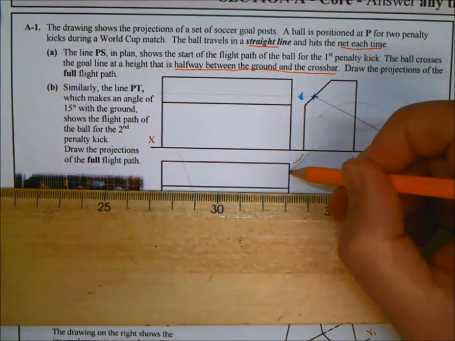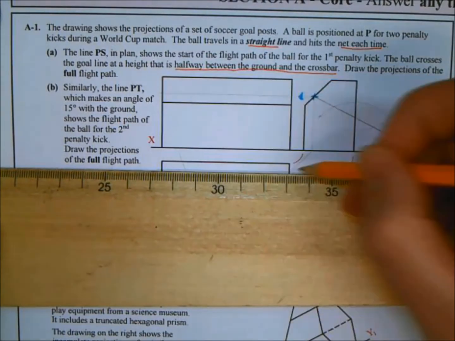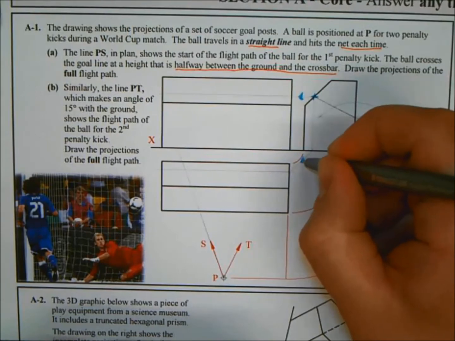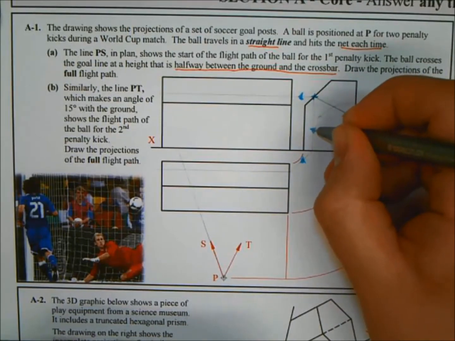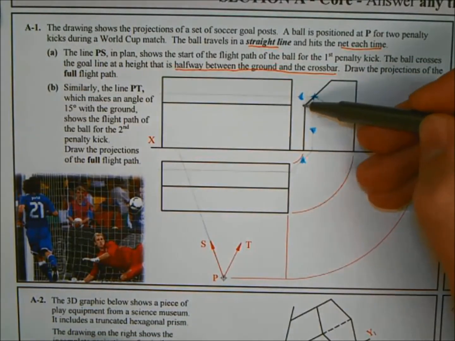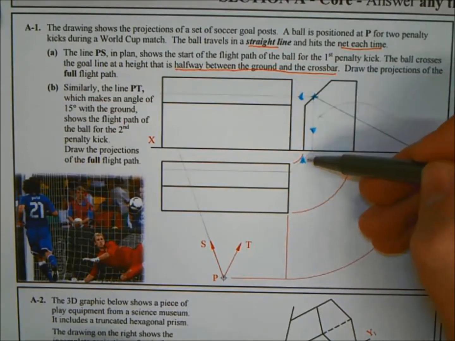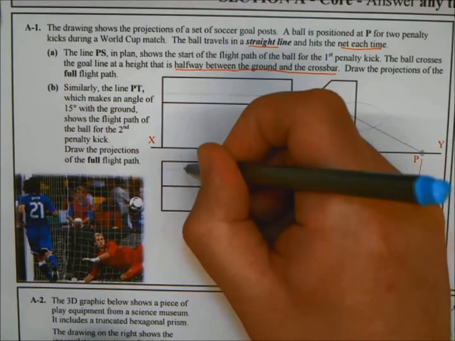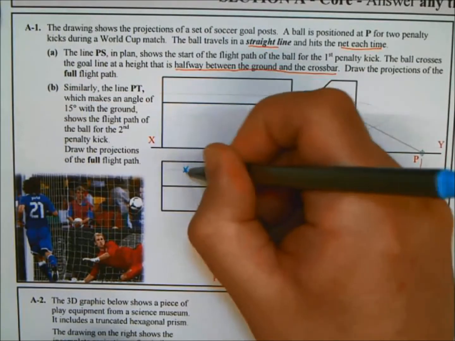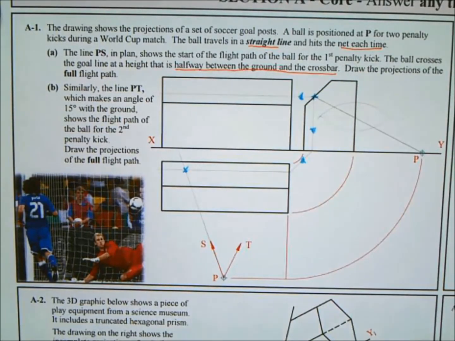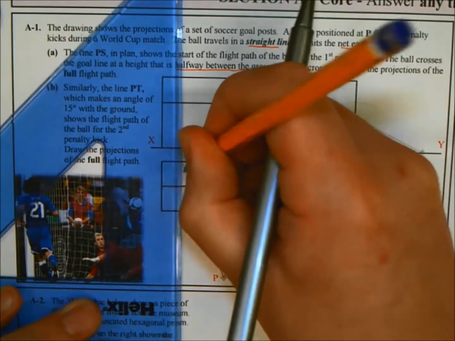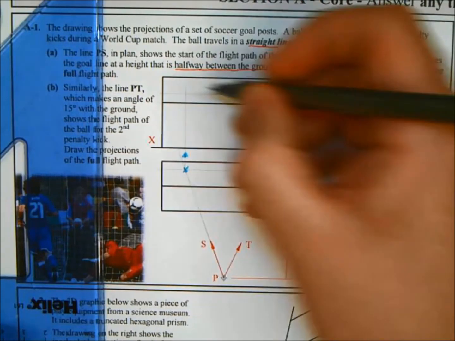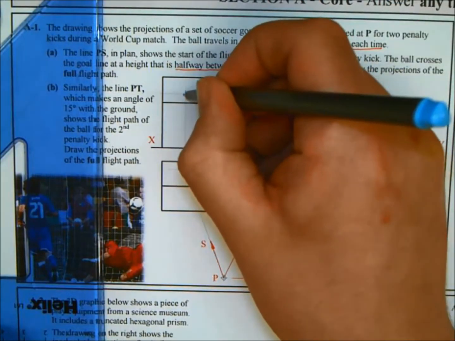And that is showing you where in plan the ball stops. So this is the distance on the back of the net, so that shows the distance there in plan. Therefore the ball will stop at this point here, that's the full path. Bring that point straight back up to your elevation, and it shows you where the ball stopped in elevation.